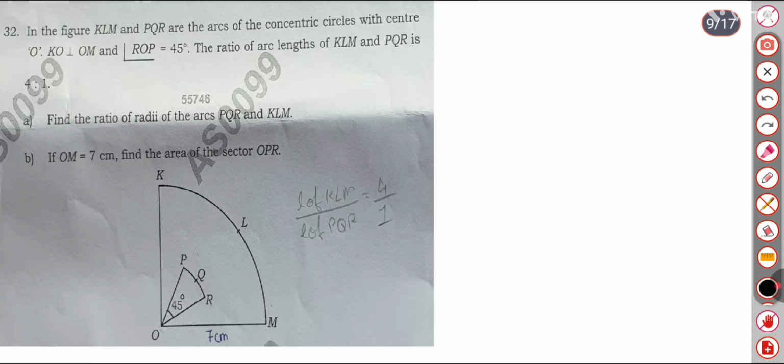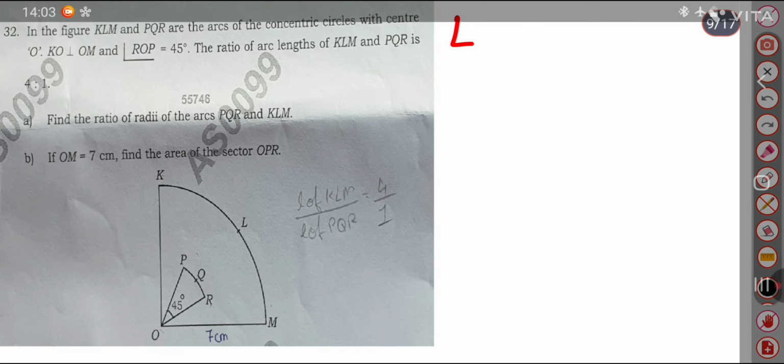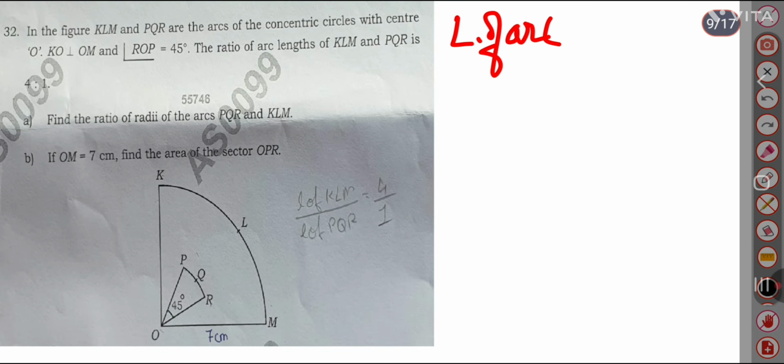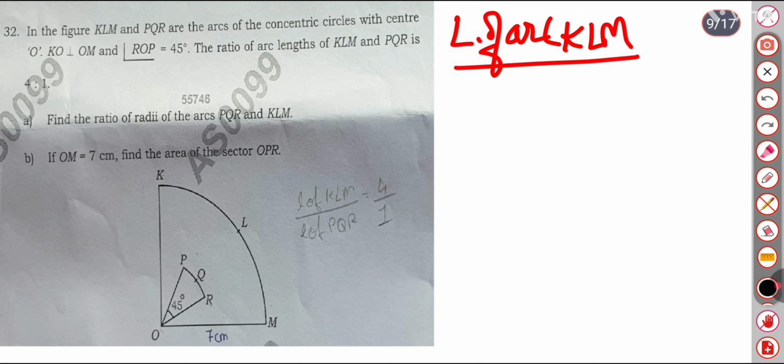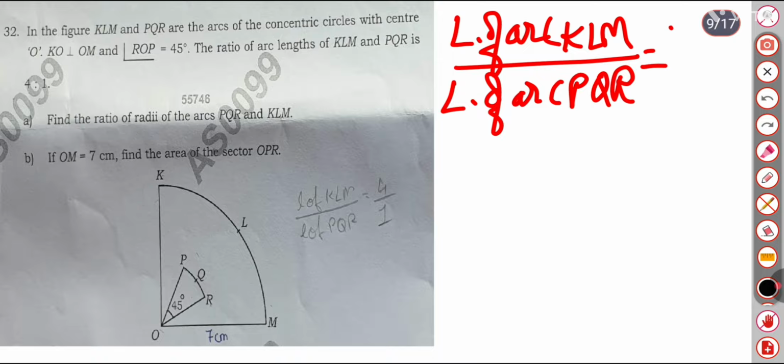Ratio of length of arc KLM by length of arc PQR equals 4 by 1, as given. Now what is the formula for the length of arc KLM? Actually, the length of an arc formula is theta by 360 into 2 pi r.